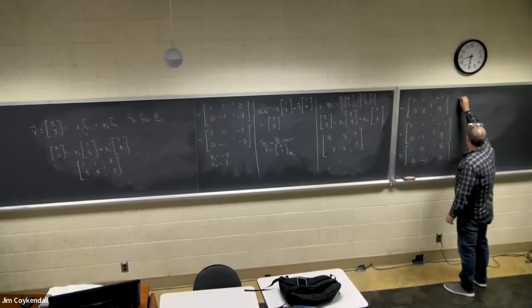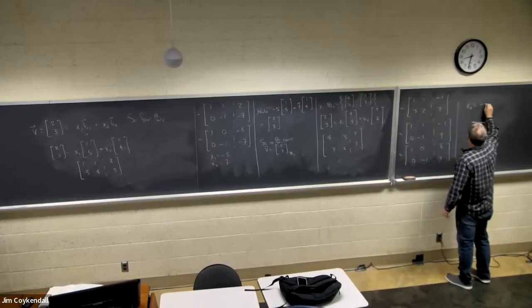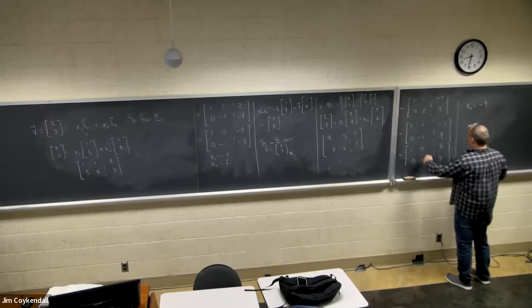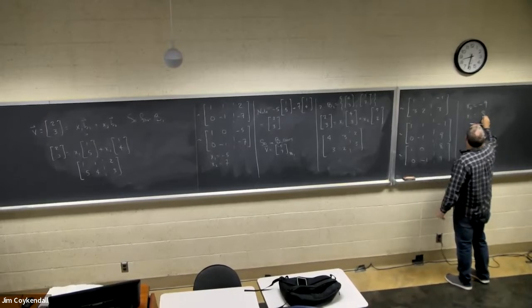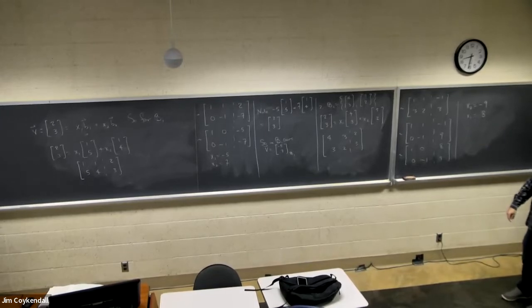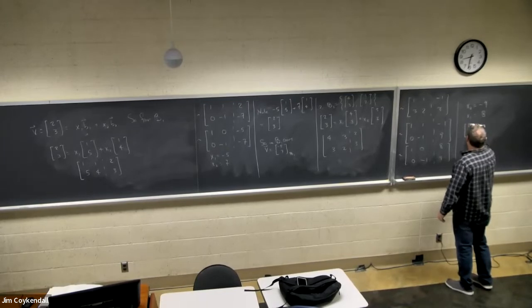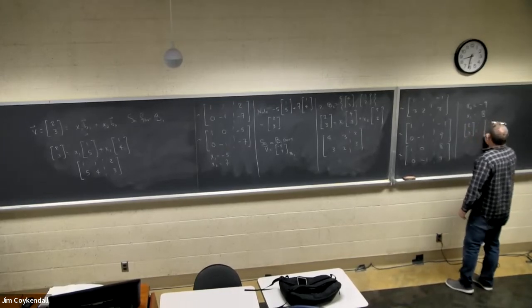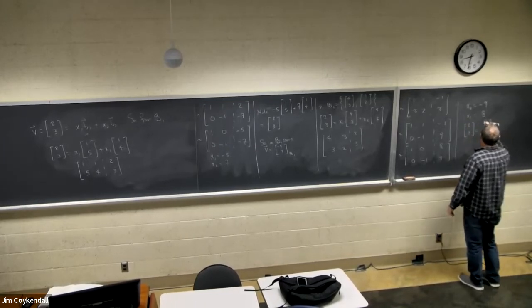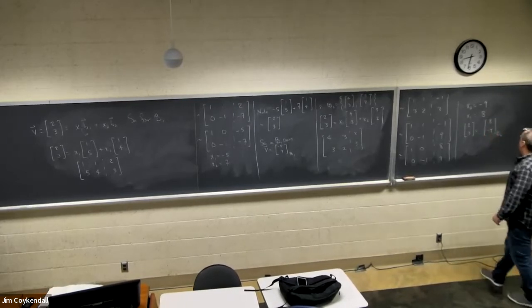So what I get here is x2 equals -9, and x1 is equal to 8. So what this means is 2, 3 is the vector 8, -9 in our second basis.